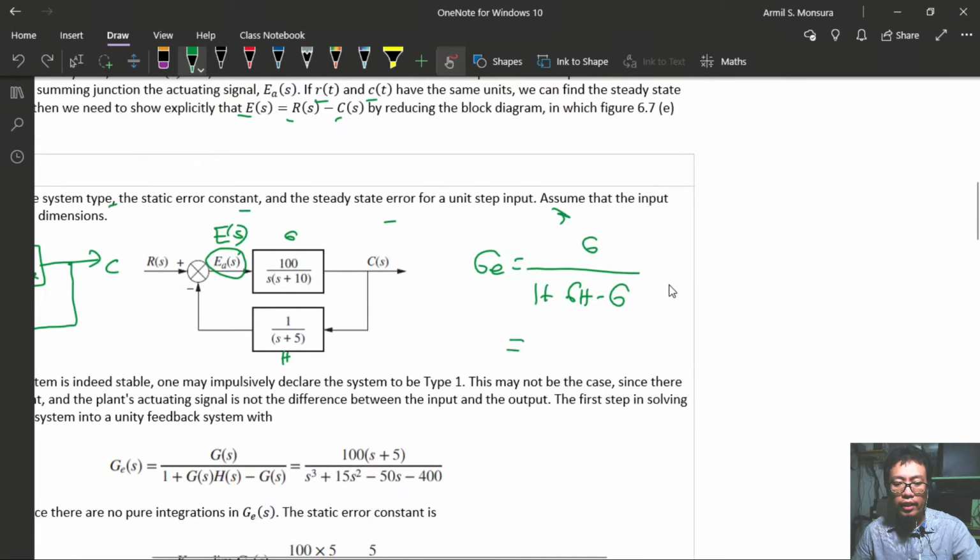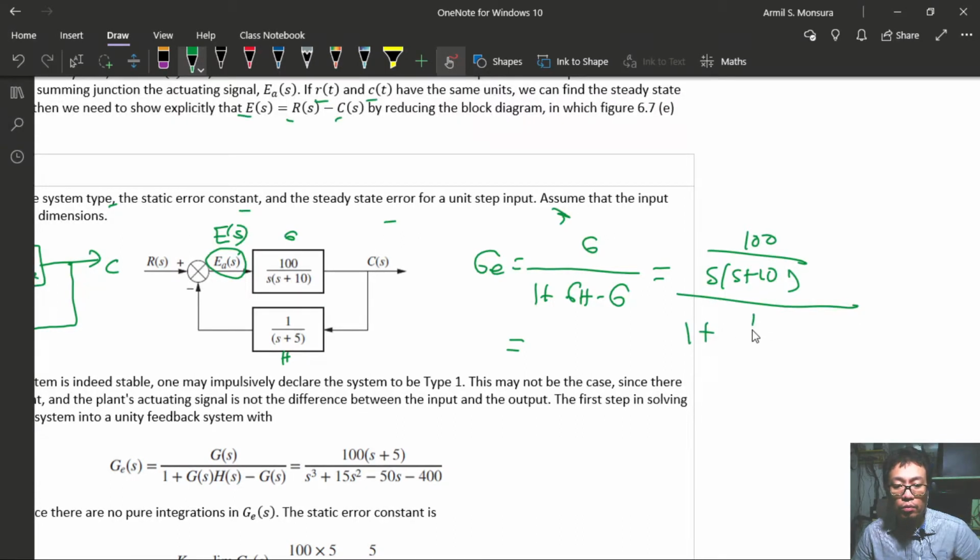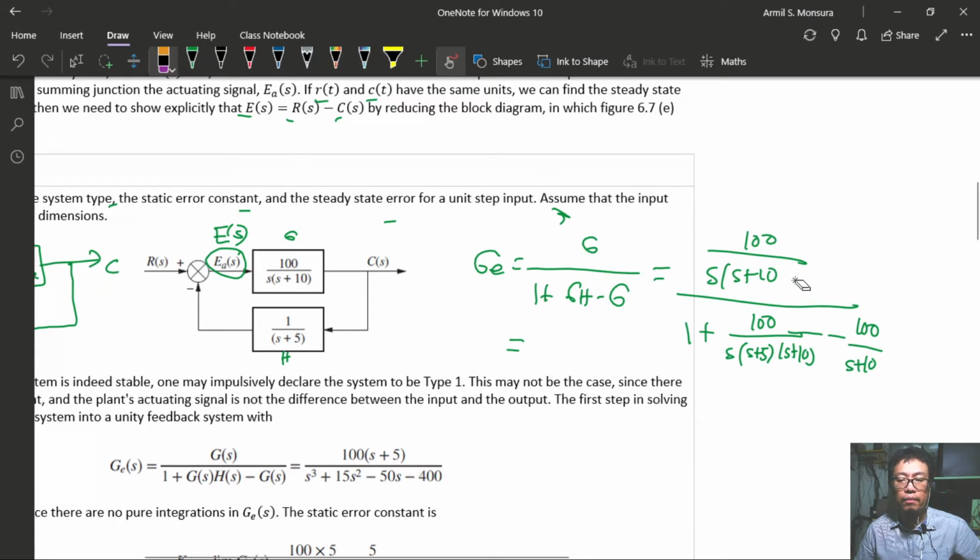So we will have 100 over S times S plus 10, all over 1 plus 100 times 1 is 100 over S times S plus 5 times S plus 10, minus 100 over S plus 10. Now, para mas simplify natin yung pag-evaluate ng ganitong complex fraction.